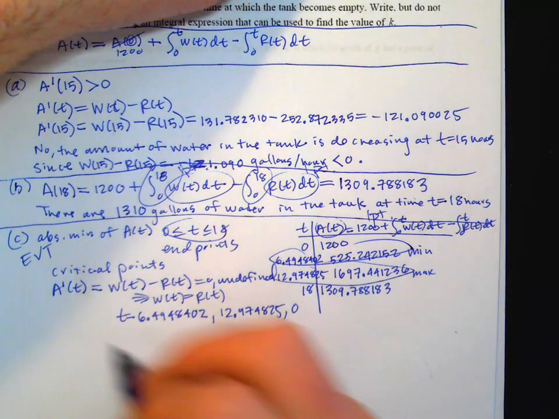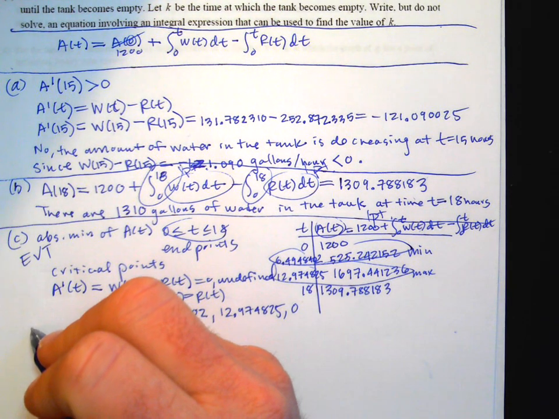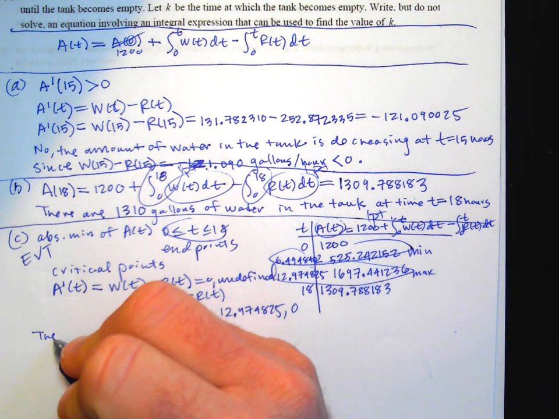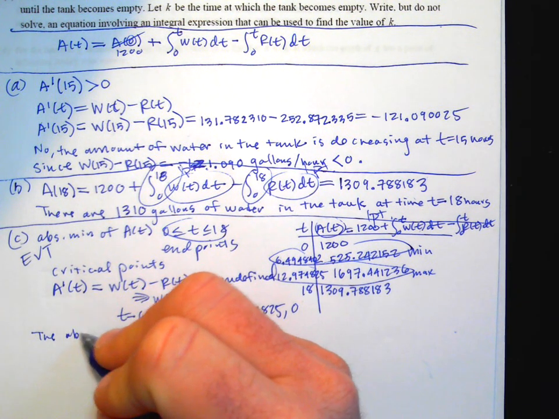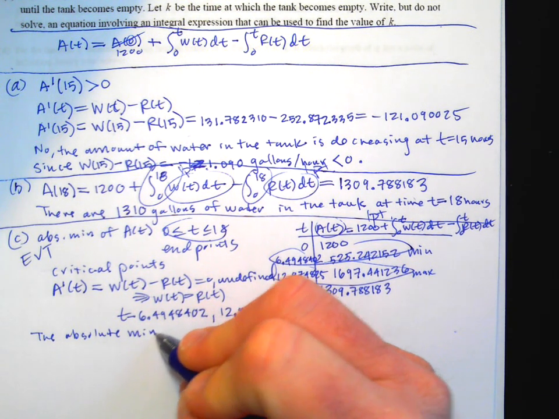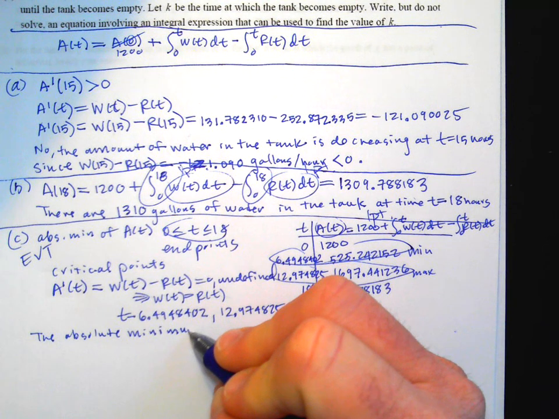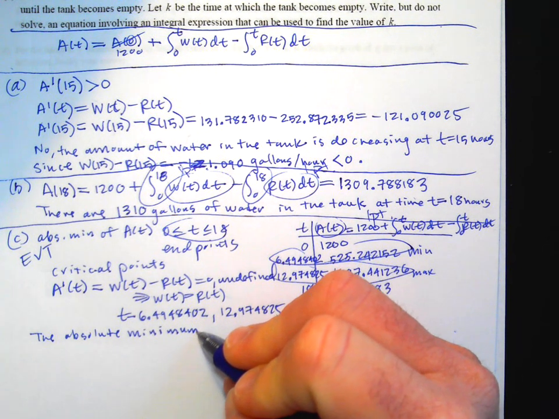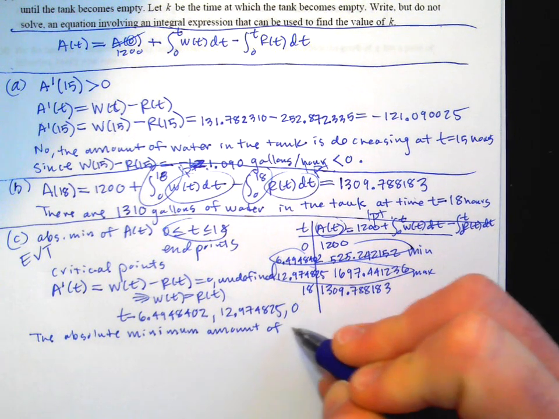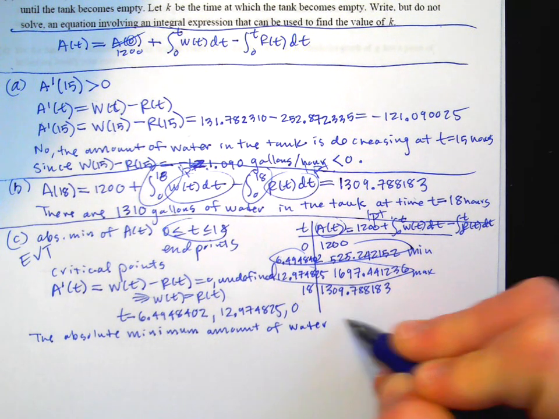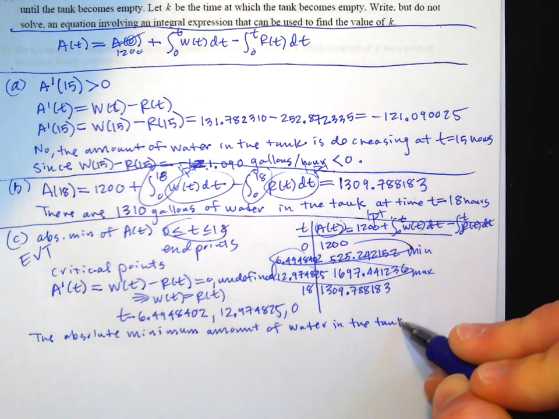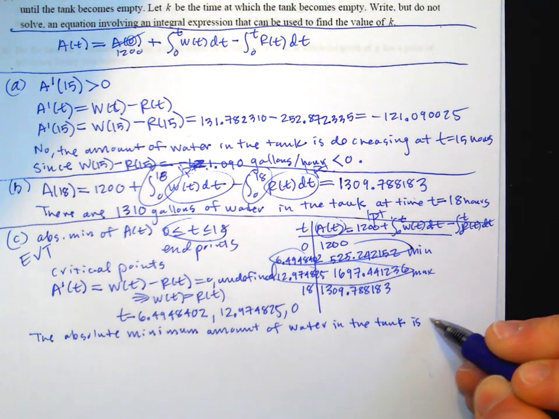I'm going to say the absolute minimum amount of water in the tank is 525.